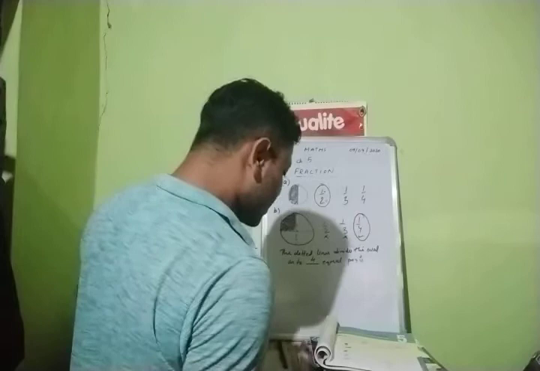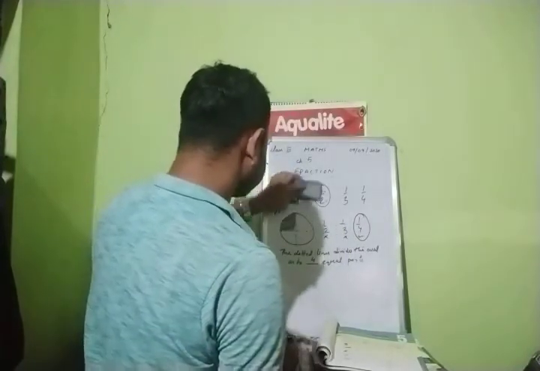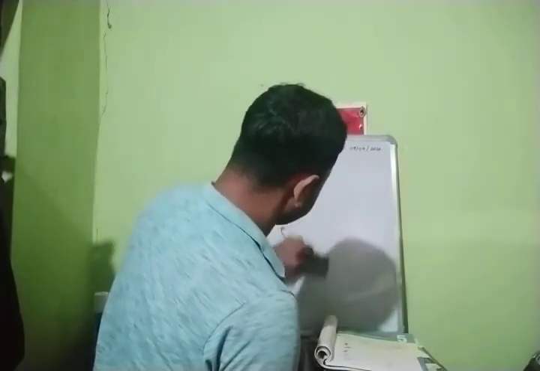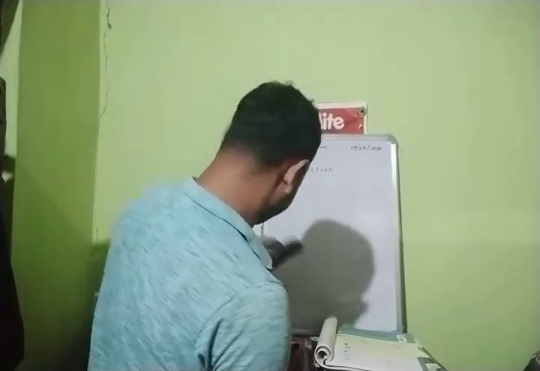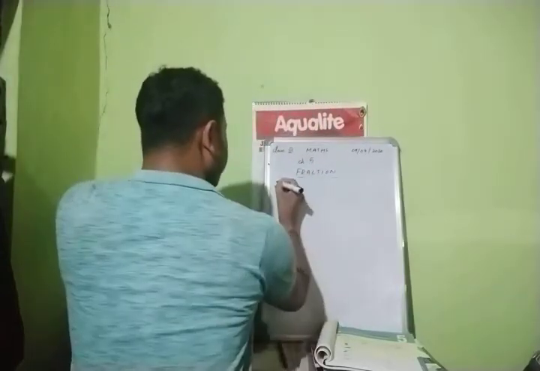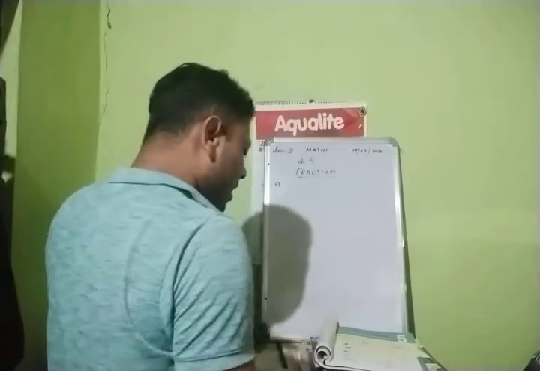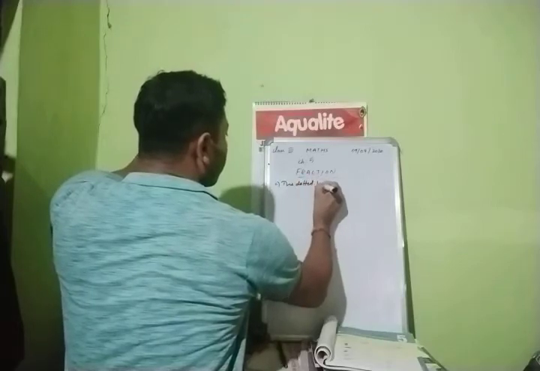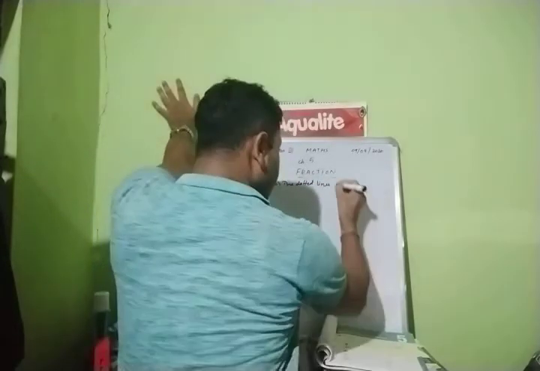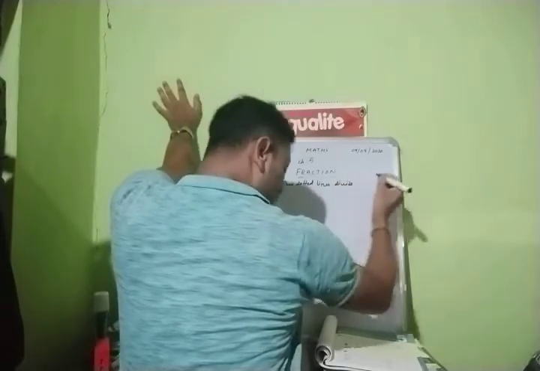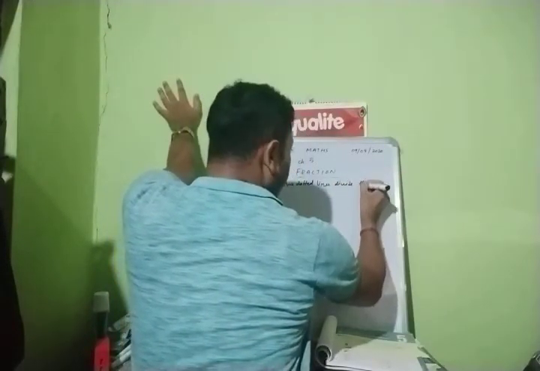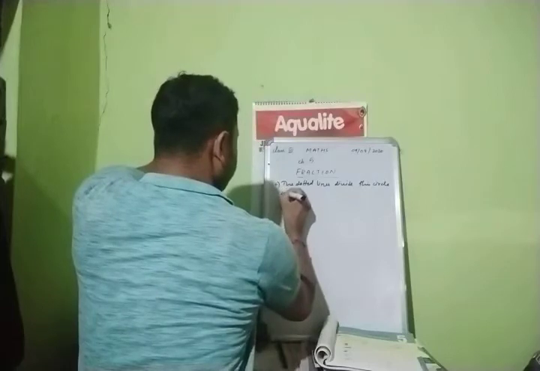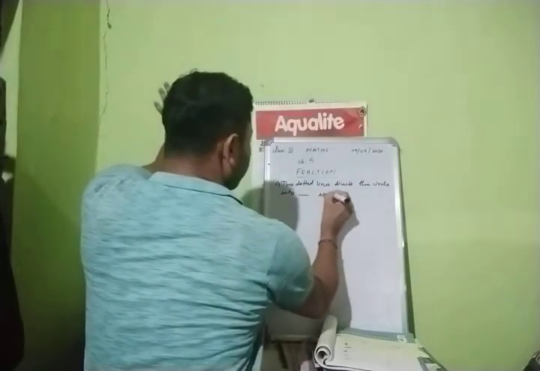Question number C. The dotted lines divide this circle into dash equal parts.